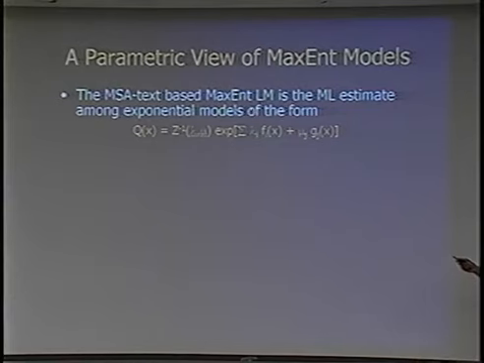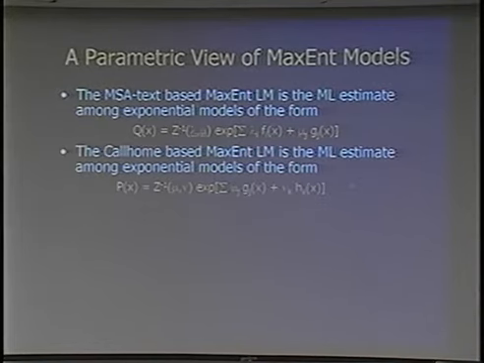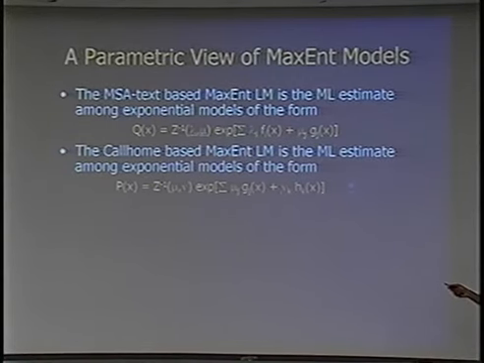We are dividing the features into two different sets, and I will explain why we have done that. Similarly, the Qualcomm model can be expressed in a similar exponential form, having g and h as the features and mu as the corresponding weight.